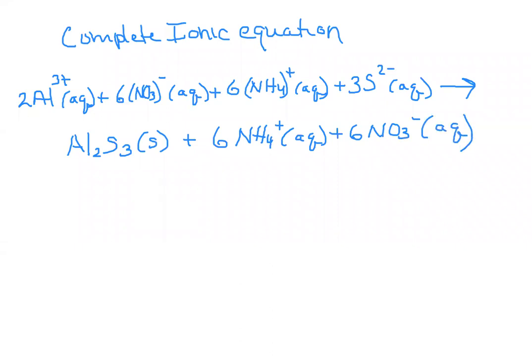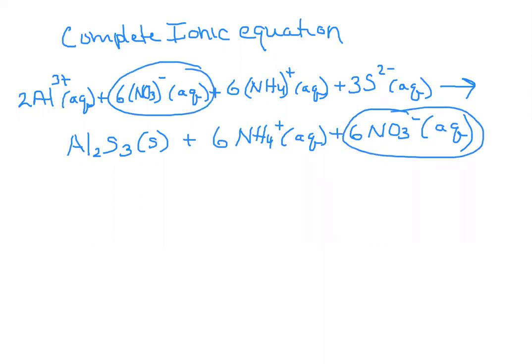And now we can get rid of the spectator ions that don't mean anything for this equation, that are the same on both sides of the arrow, because they don't do anything. They don't bring anything. They're here, like this 6 nitrates right here is also just sitting over here.